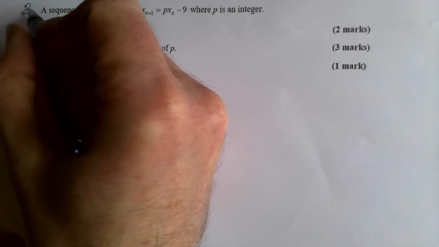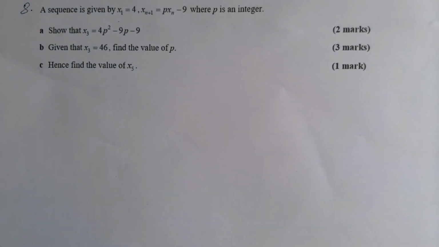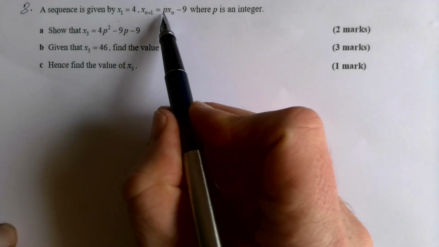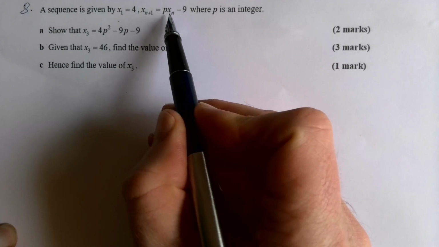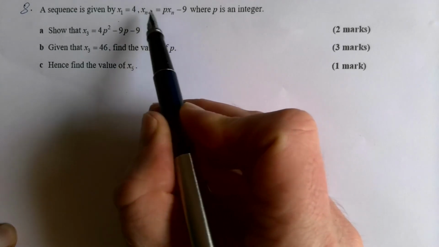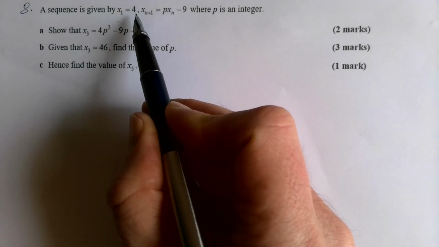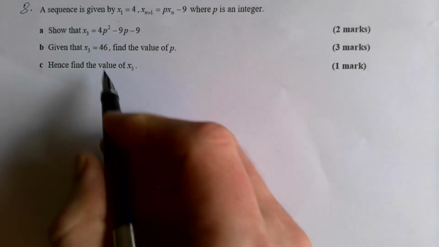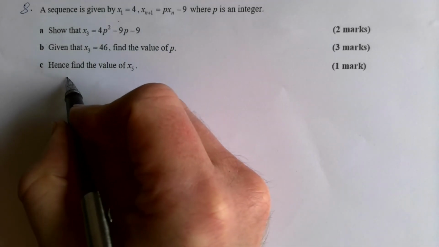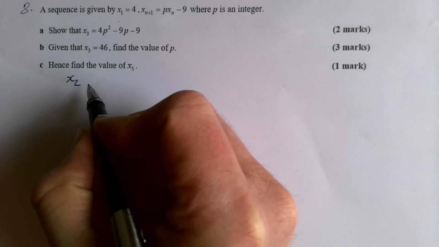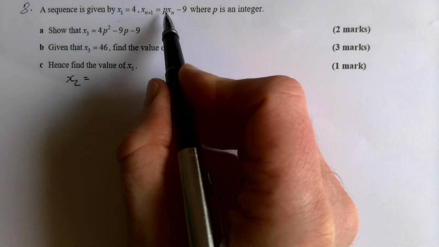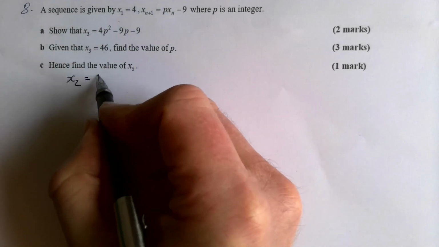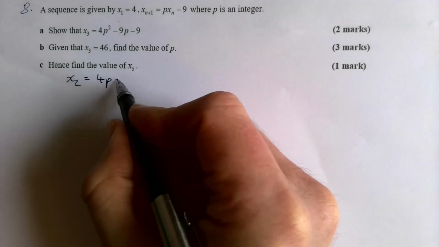Right, question 8 then. It's quite a simple one really. This is the rule for what you do to one term to get your next term. So the first term is 4. To show that x3, the third term is that, the first thing to do is to write down x2. So that's going to equal, well, 4 is going to be multiplied by p and then take 9.